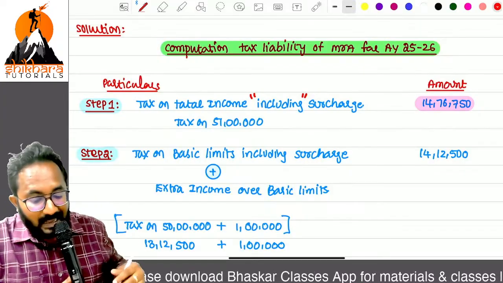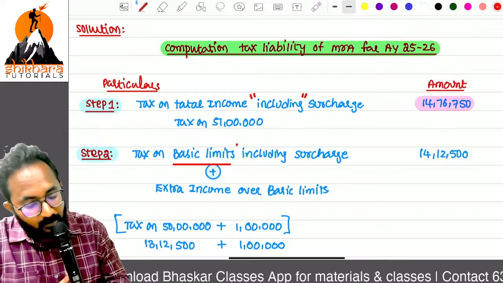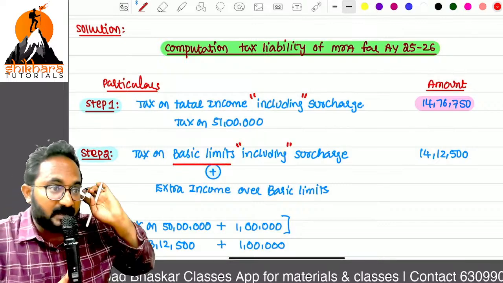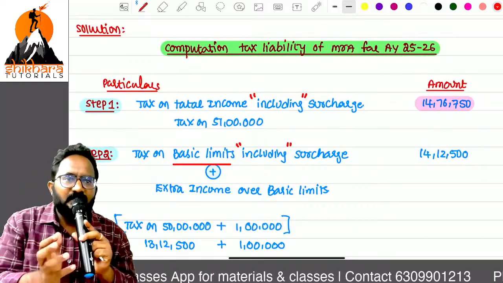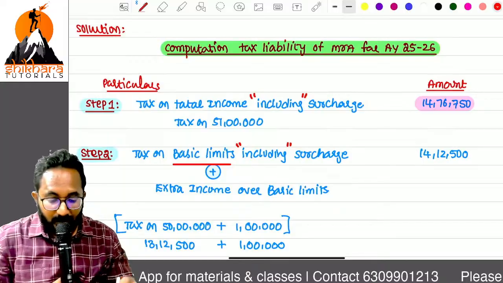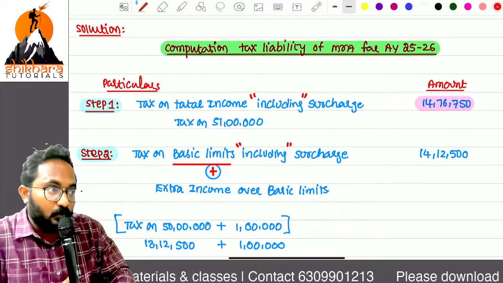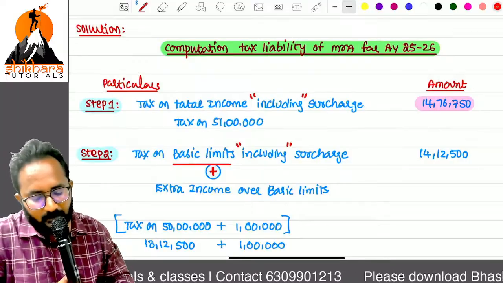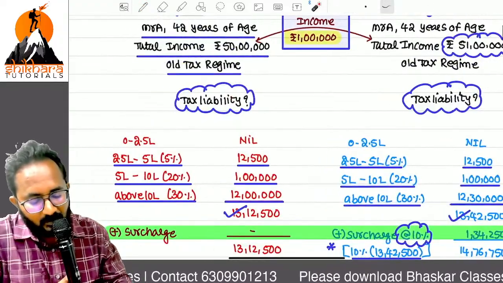Step 2. Tax on basic limit. Here also including surcharge, but unfortunately what is the basic limit in this question? 50 lakh. But for 50 lakh no need to add what? Surcharge. But next, extra income over the basic limit. Sir, first calculate the tax on basic limit, means what? 50 lakh including surcharge.